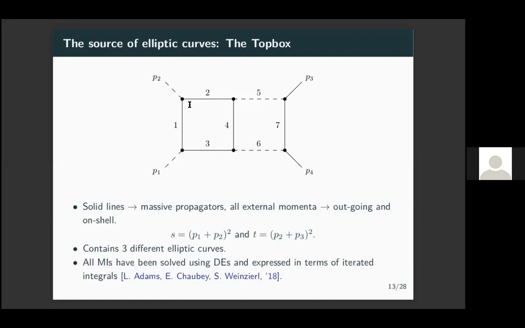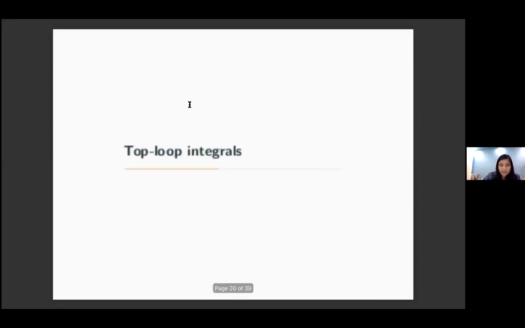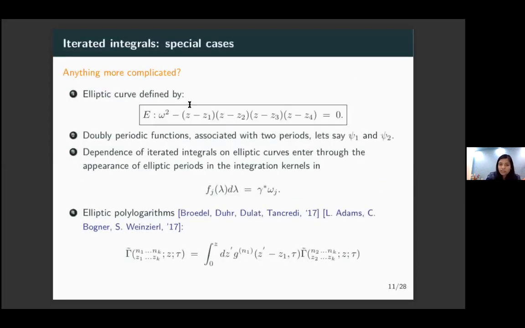I just talked about 2 to 2 scattering processes, but it is not true that this is really just 2 to 2. The presence of elliptic curves is not even related to physics, actually. The curve is by itself given just by this formula here.